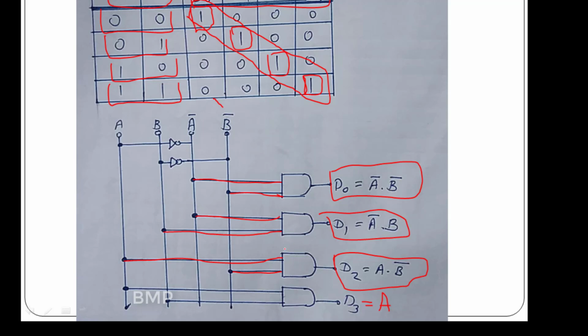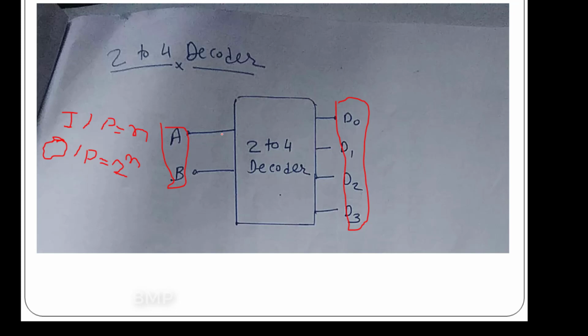So for this we connect D3 to A and B. So this is about the decoder.